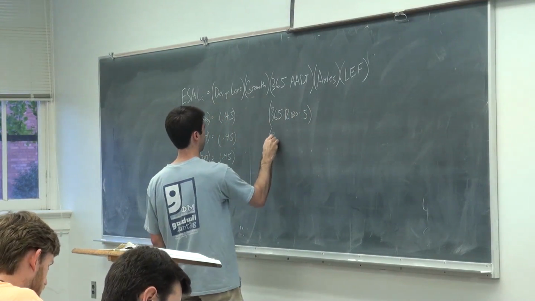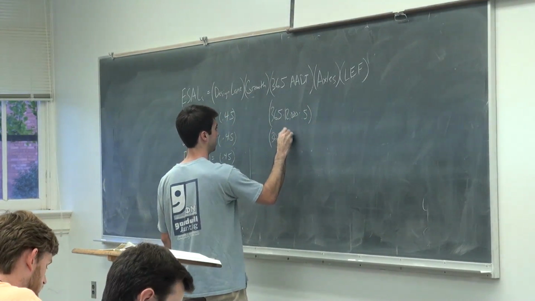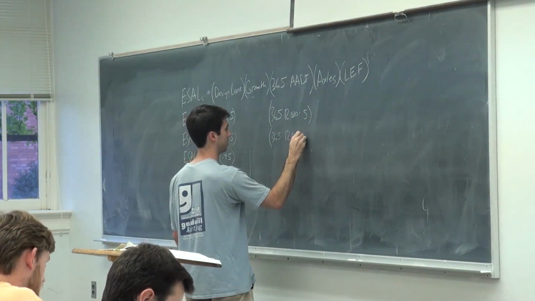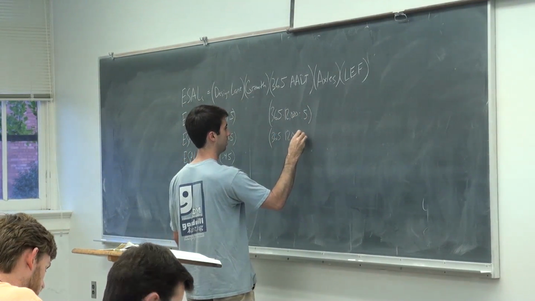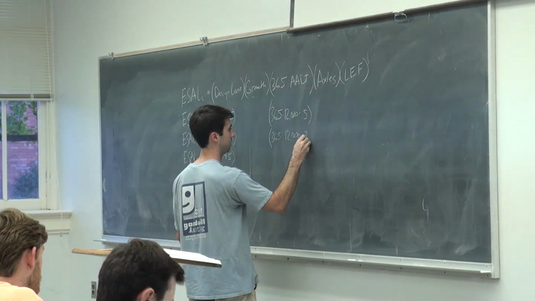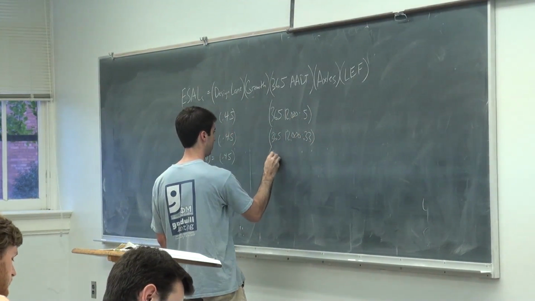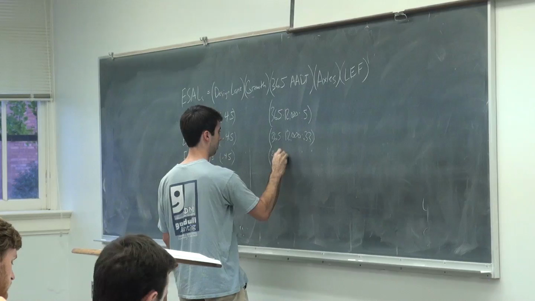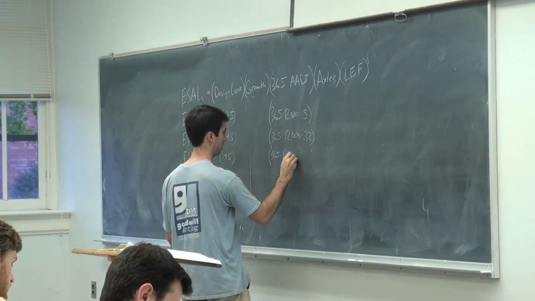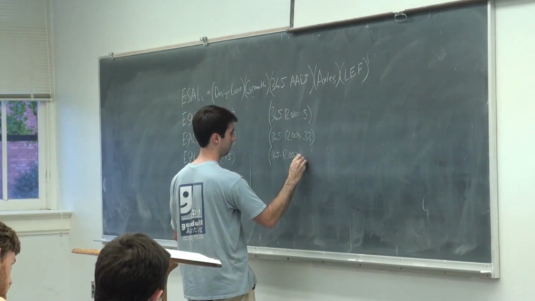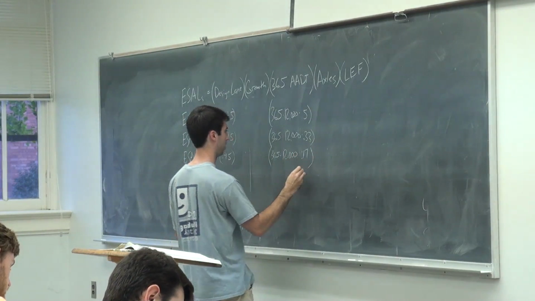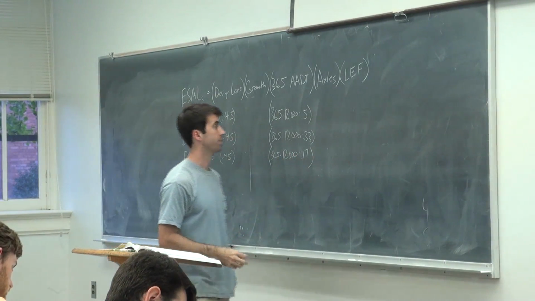How about for the two-axle trucks? 365 times 12,000 times what? 0.33. And so that leaves 0.17 for the other. Alright, so that part's easy.